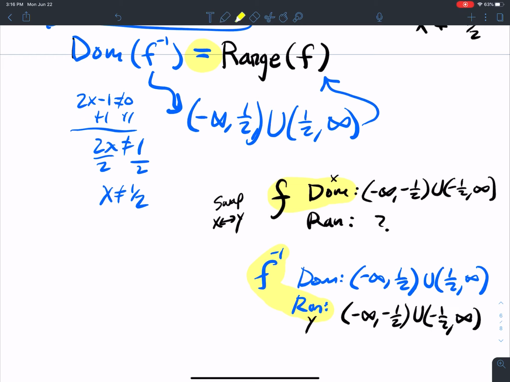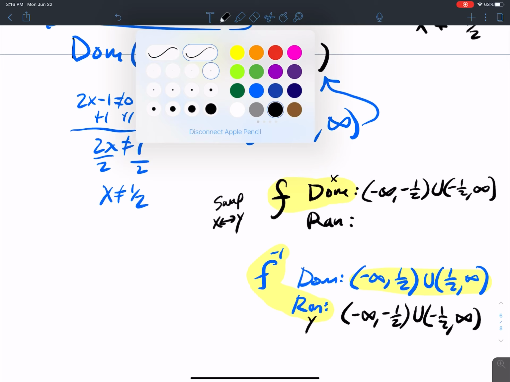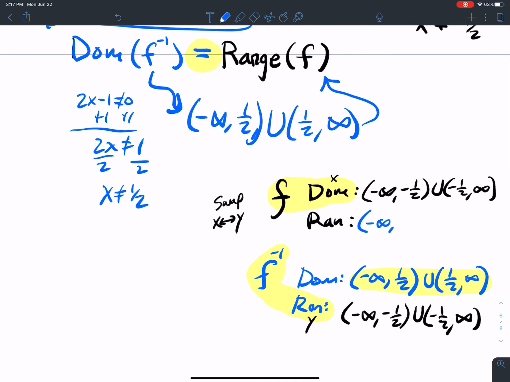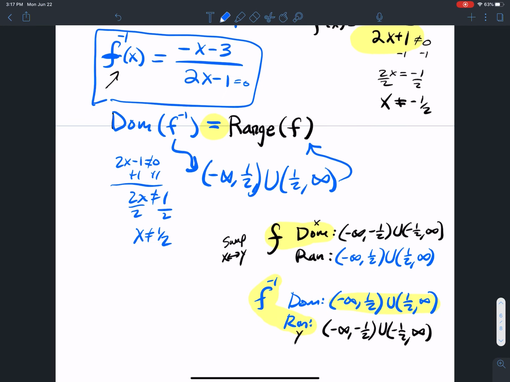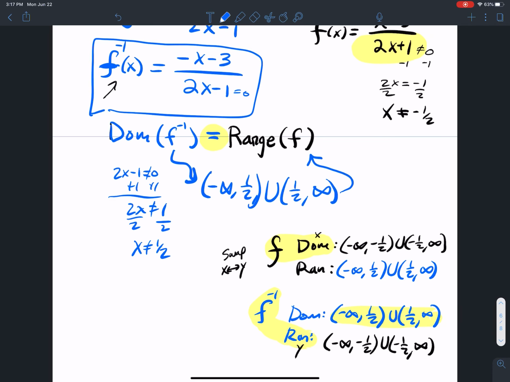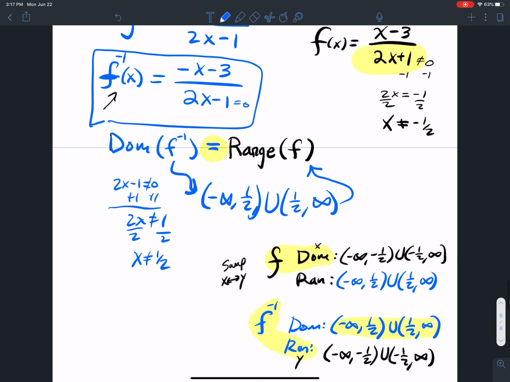And then the domain of the inverse becomes the range. So this becomes negative infinity to 1/2 union 1/2 to infinity. So that's how you get the domain and range of that rational function applying your inverse techniques.